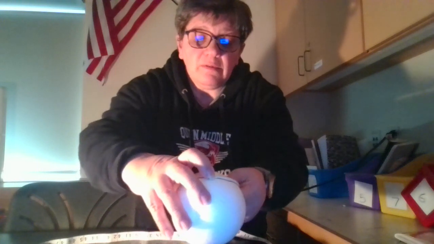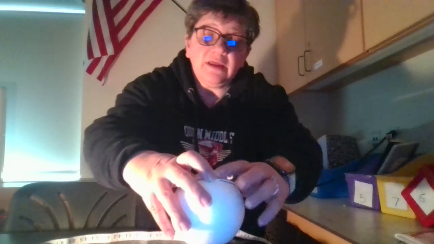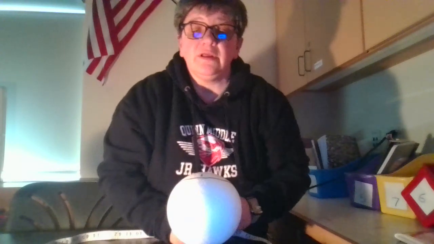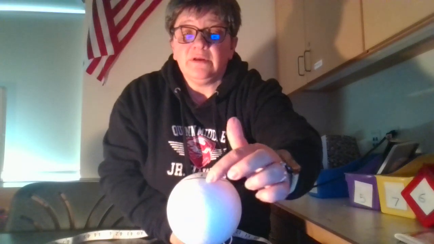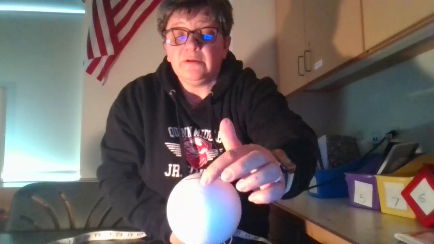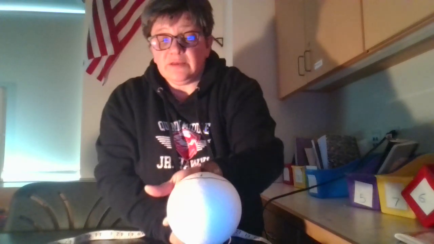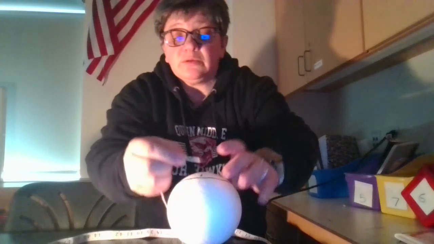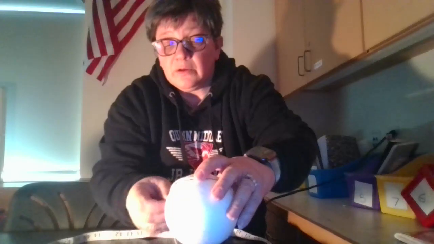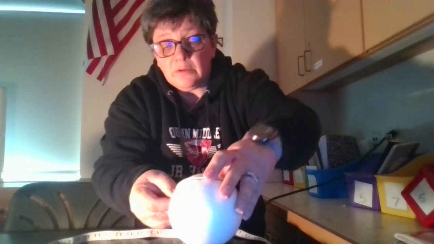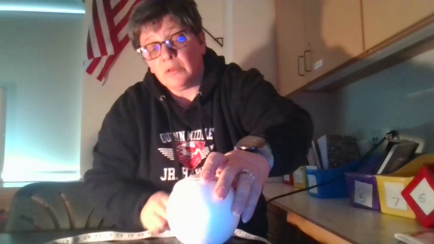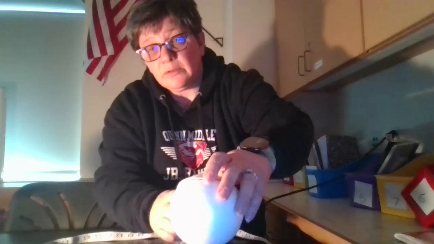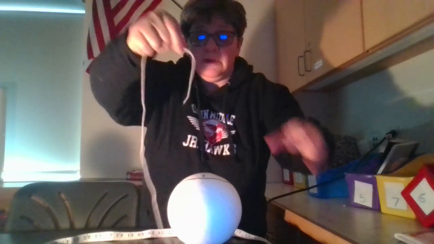Wrap it around to the other side. I just want to check, make sure. This is actually a little off from where it was before, so my line is right about here. That's pretty close. And my line on the other side is right about here. Okay. So I'm going to go from here all the way over. You've got to be careful you don't block your own light here. There we go. That's the length of my string.